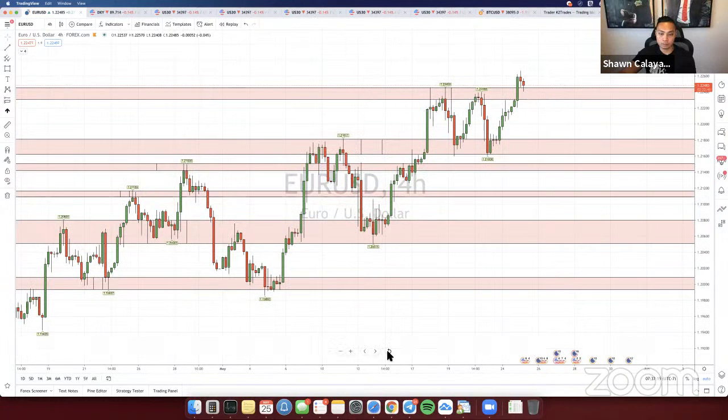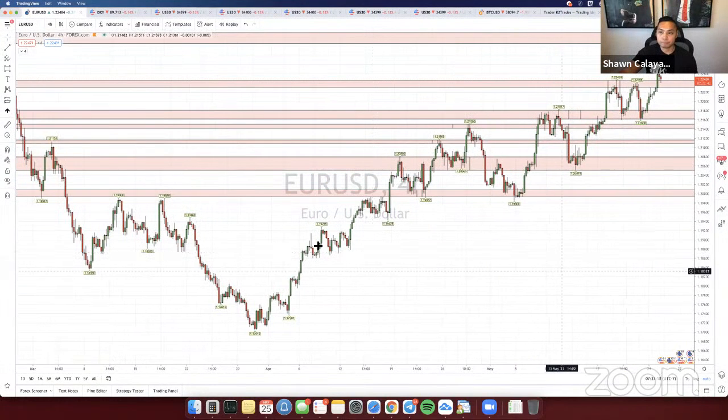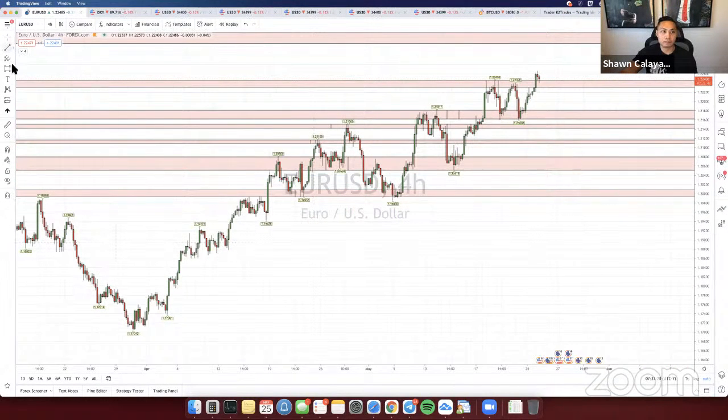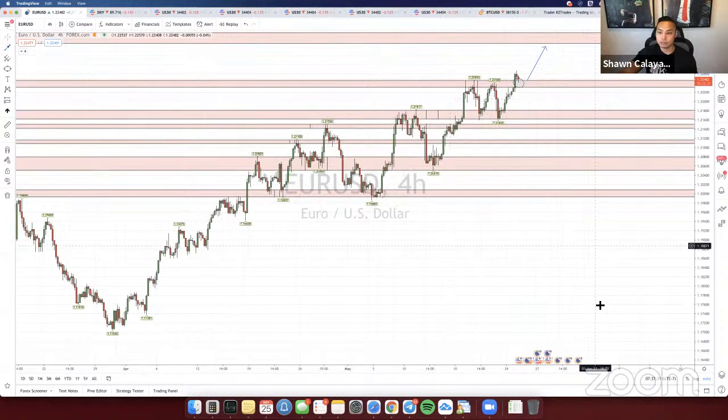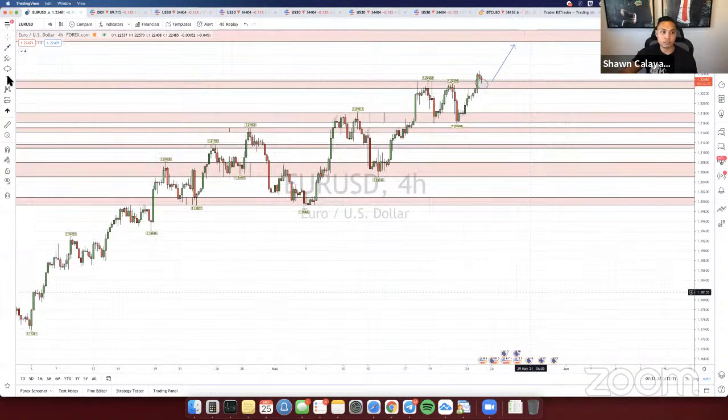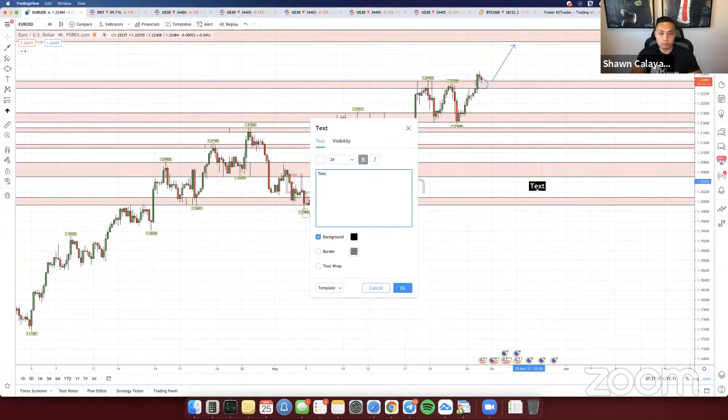So looking at this right here, I anticipate this to possibly reject off this point and bounce up from here. So that's kind of what I see happening. Short Scene, obviously I'll go over the strategy that I'm actually applying, or that I would be applying, which would be the K2SR zone strategy.